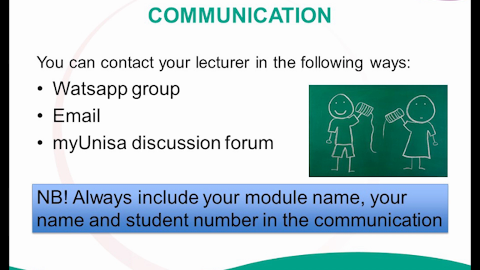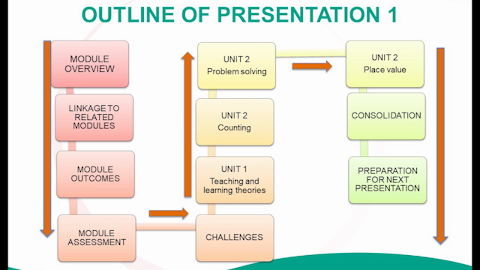This is presentation number 1. We will have more presentations following as we go along. The outline of presentation 1 is as follows. It takes the shape of a snake, as you can see, a wiggling snake. First, we will go through the module overview.